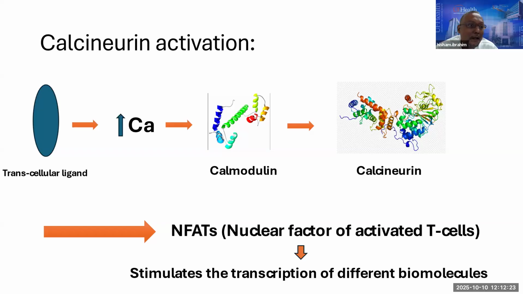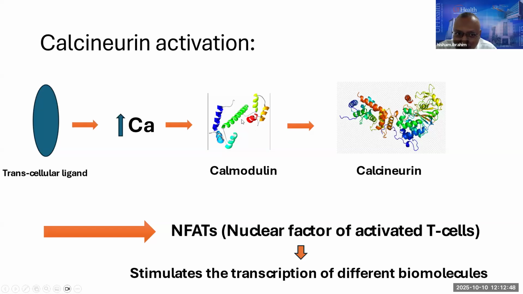When these come together, that triggers the process. That causes calcium influx through the calcium channels. Calcium binds to a molecule called calmodulin, a calcium activated enzyme, and this then binds to our calcineurin, which is the target of our medications.